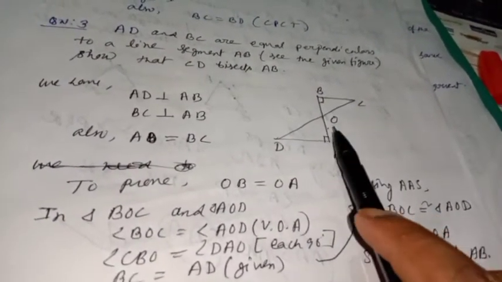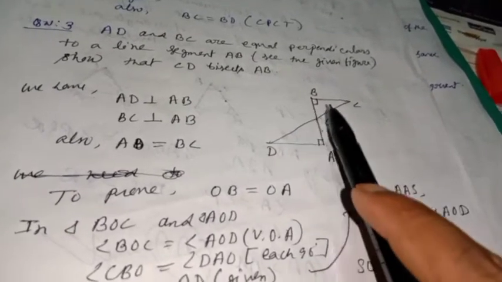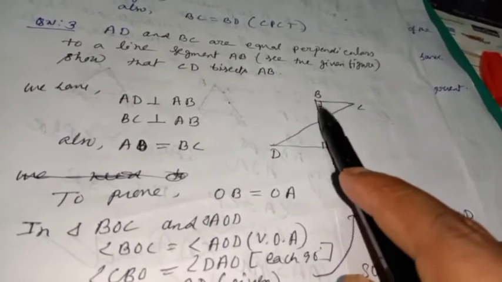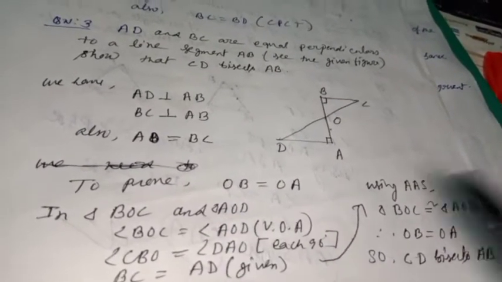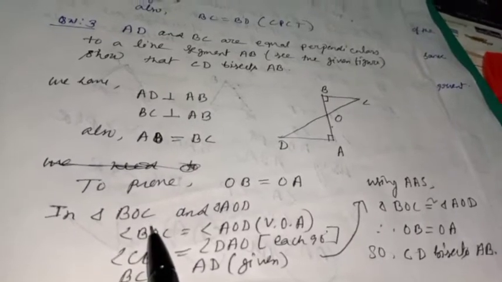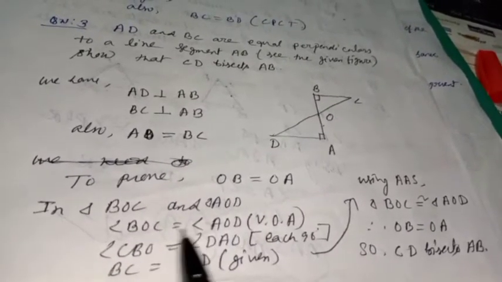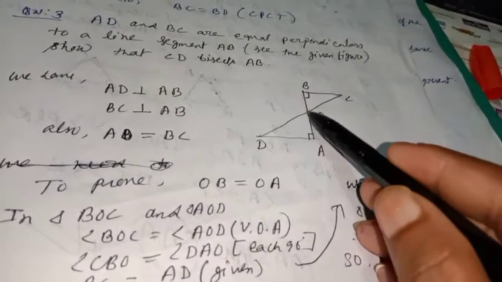See, we are taking triangle BOC and triangle AOD. If you write the triangles this way, BOC and AOD, then the corresponding sides and angles are meeting each other. So you see triangle BOC, triangle AOD, angle BOC is equal to angle AOD.